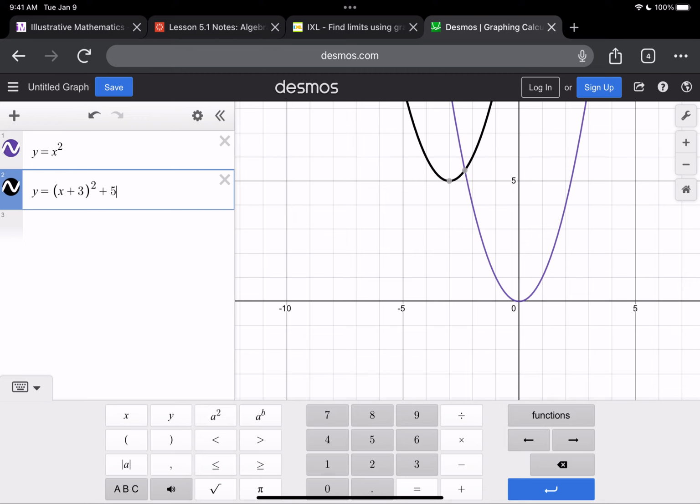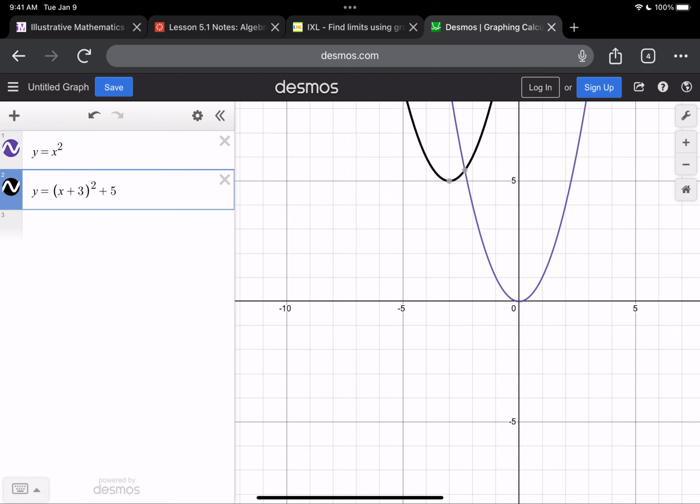But I want to draw your attention to this point right here. That point at the bottom of the curve, the bottom of the parabola, is called the vertex. And I want you to see how you could visualize the vertex in the equation.